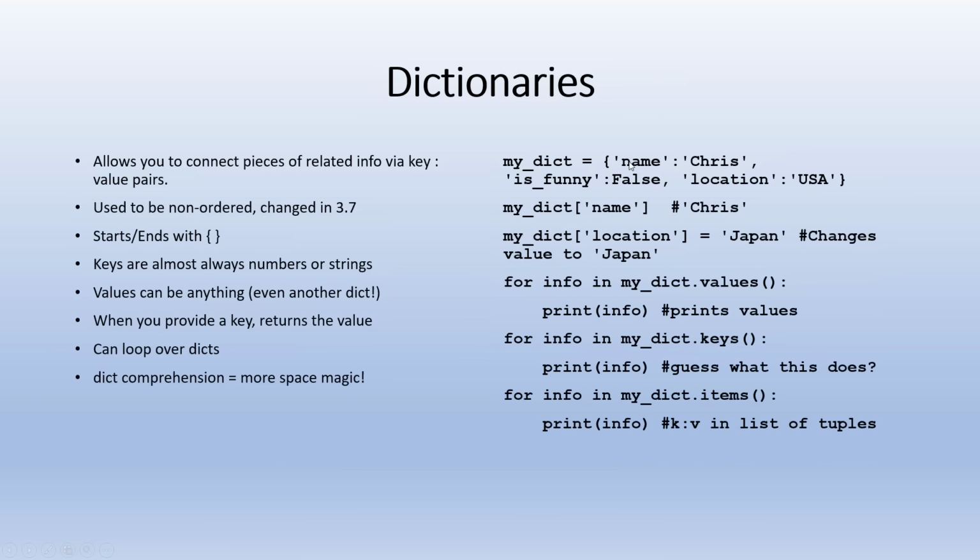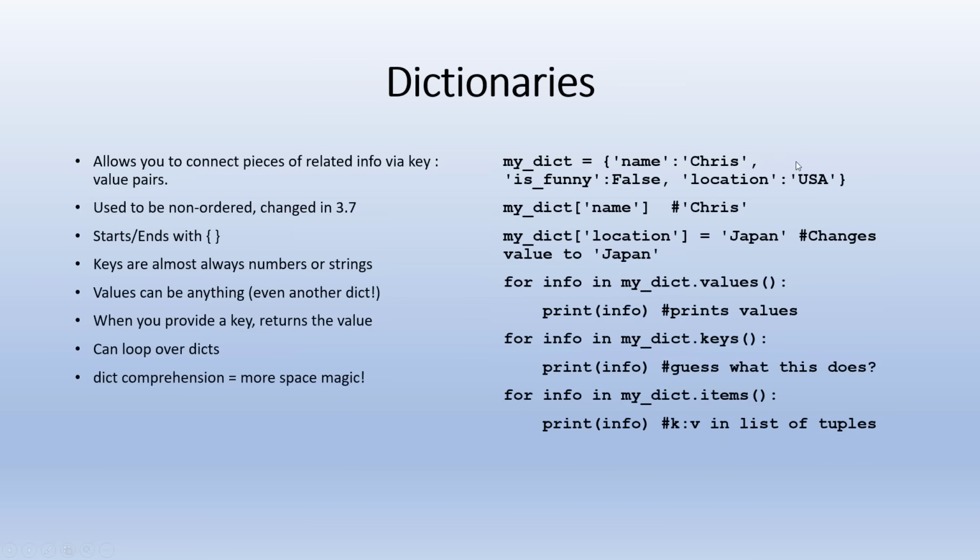So in this one I had my dictionary: name Chris, funny false, haha, location USA. You can call name, and that'll spit out Chris. You can go my dictionary location equals now Japan, and that will change the value in here so that if you then recalled this dictionary, your location would have been modified to Japan.